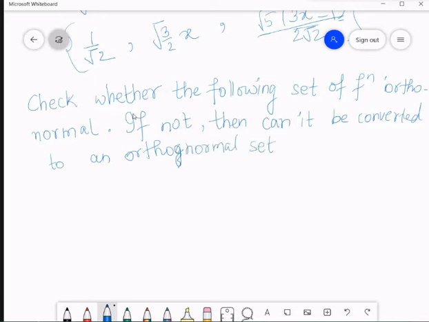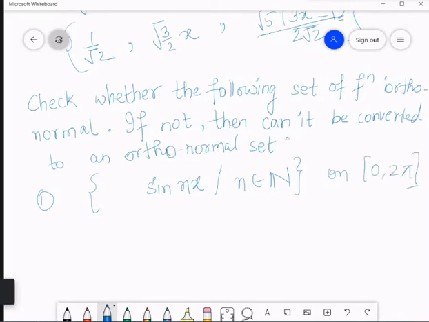Okay, so my first set here, I have 1 and sin nx. For the time being, let me just remove this 1 also. Only this one, sin nx, where n is a natural number, and all of the functions are defined on the interval 0 to 2 pi.